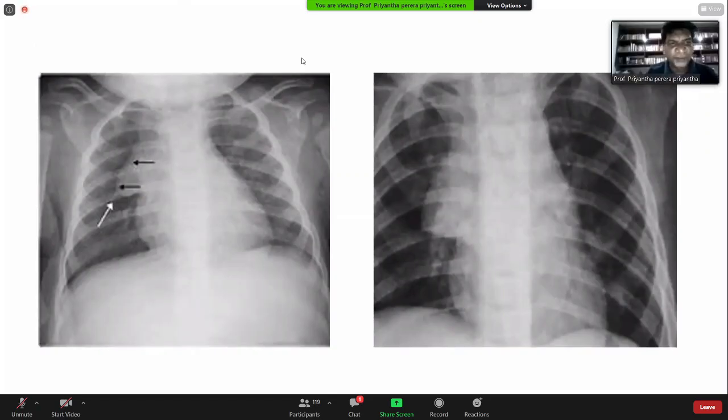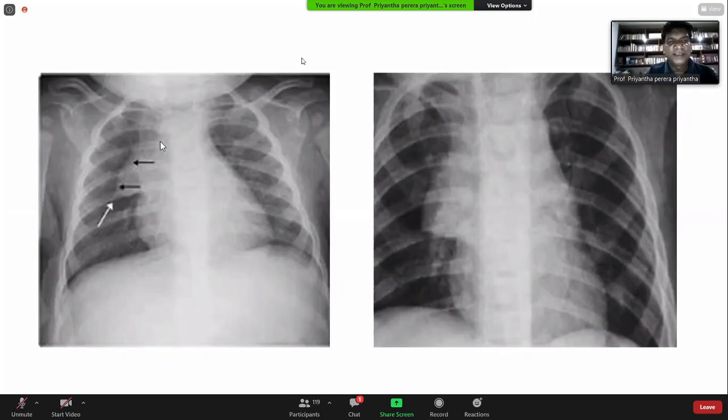Now what is this structure? This is thymic shadow, right? So this is thymic shadow in children under 5 years. Sometimes you can have a shadow like that. Usually the thymus sits directly on the heart shadow, but especially if the film is rotated, the thymus can form an additional shadow like that, right? And it looks like a sail, so we call it the sail sign. Right?